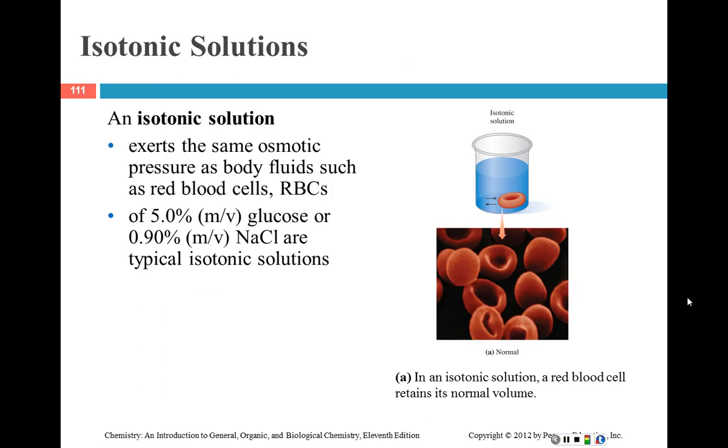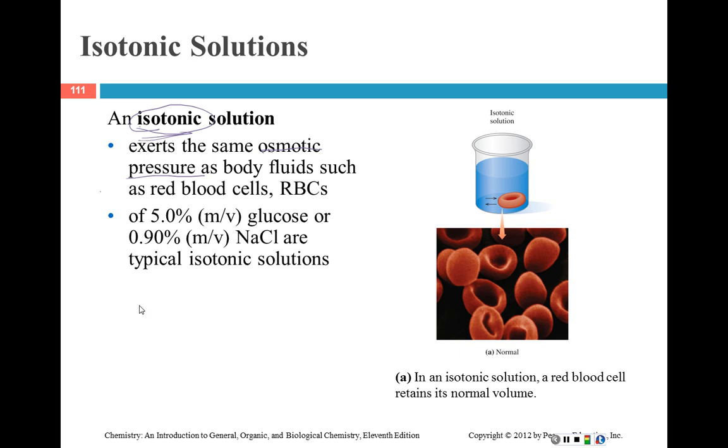So if you have the same concentration outside the red blood cells as you do inside the red blood cells, then you have the same osmotic pressure, okay? And we call that isotonic, iso for same, okay? So the pressure outside is the same as the pressure inside.